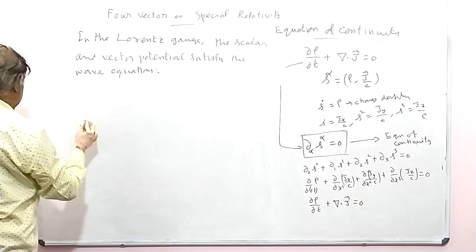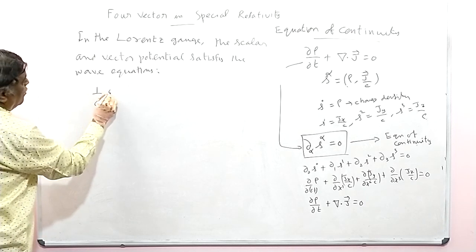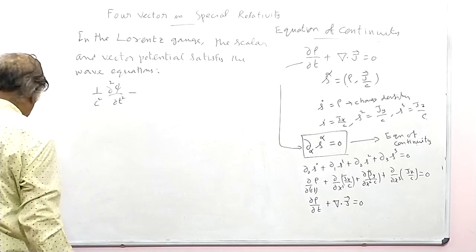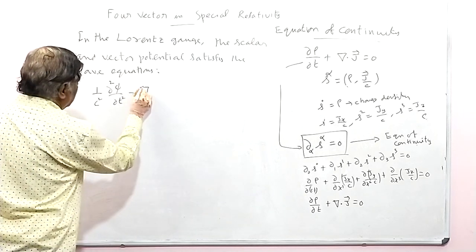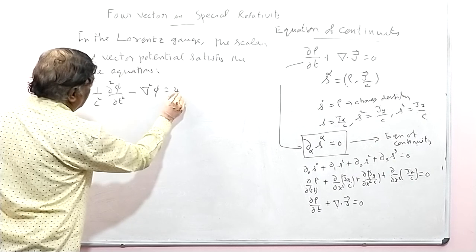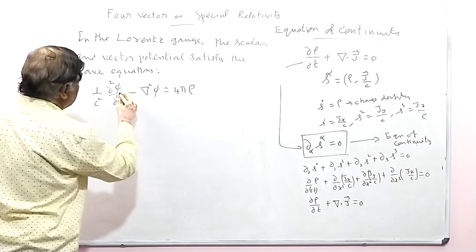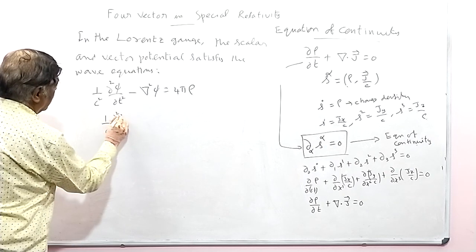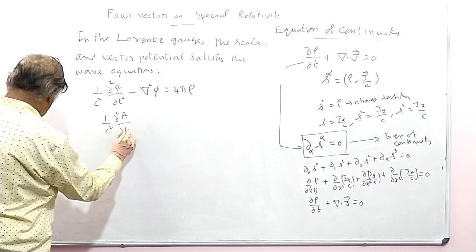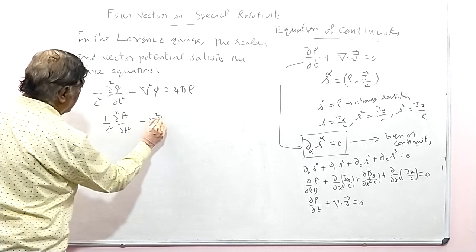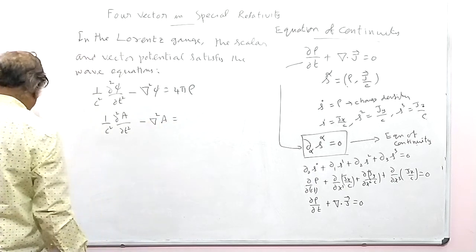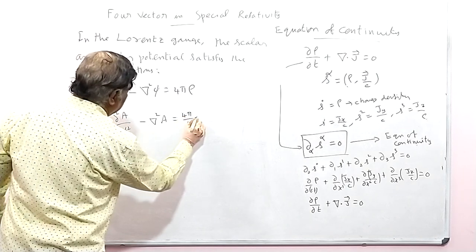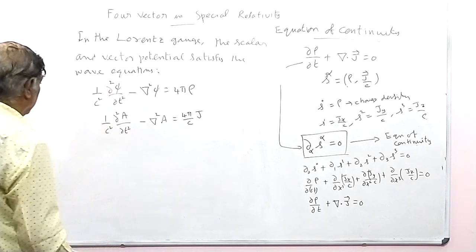What are the wave equations? 1 by c square partial d square phi by dt square minus del square phi is equal to 4 pi rho. This is one equation which is satisfied by the scalar potential. And 1 by c square d square A by dt square minus del square A is equal to 4 pi by c into J. So there are two equations.